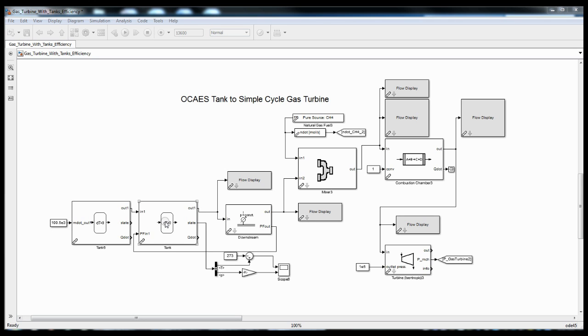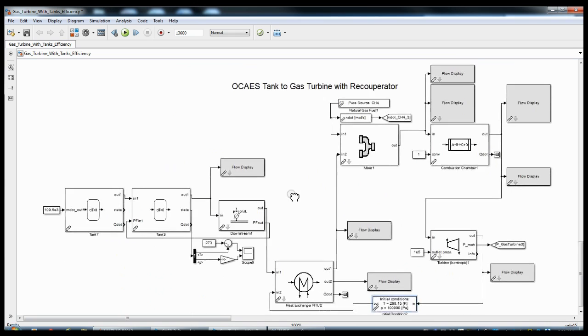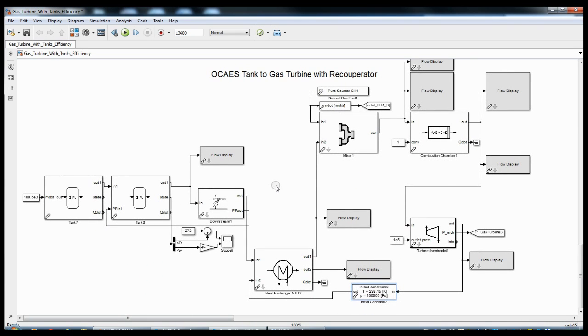As the air tank depressurizes, it's going to get backfilled with water to maintain that pressure. I also have some monitoring to make sure that the output pressure is staying constant. After that, the flow goes into the mixer, then the combustion chamber, and then the turbine. That's really the primary difference between the two systems.